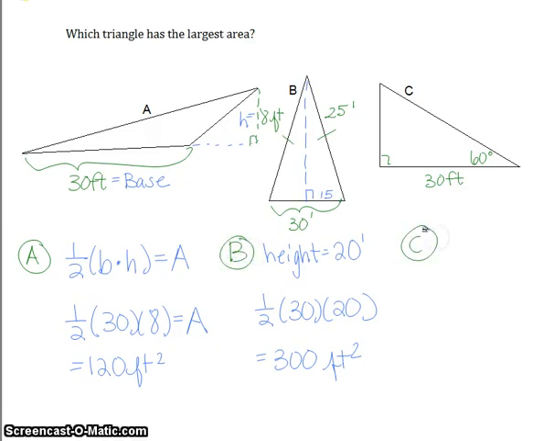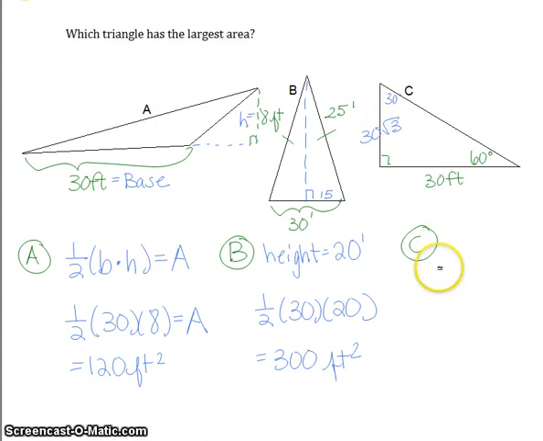And now triangle C, we have to do a little bit more work and remember our 30, 60, 90s. So this is 30. It's across from actually the 30-degree angle conveniently enough. We won't even discuss the obvious. We're not drawn to scale, which is normal for me. So this will be 30 root 3 because it's the n root 3.